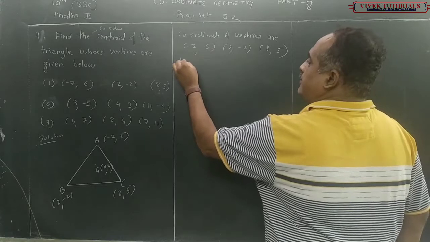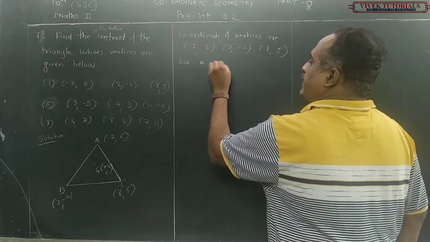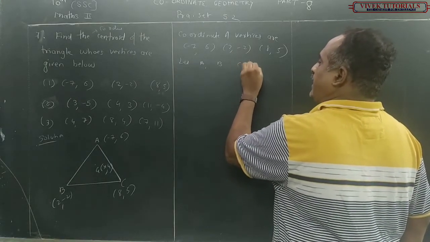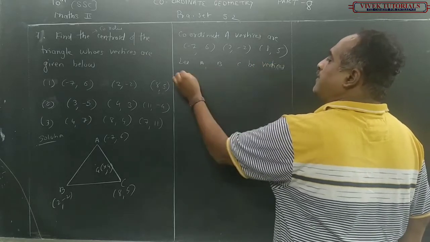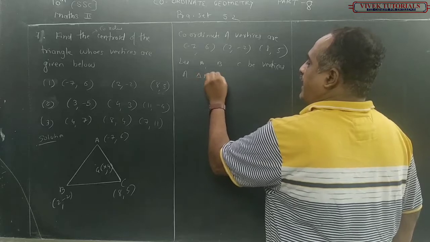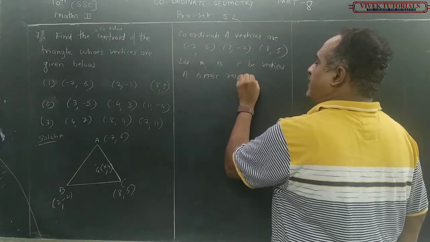Let A, B and C be vertices of triangle ABC respectively.